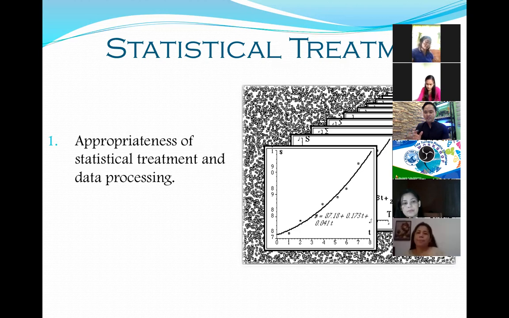Kung purely relationship, pwede na doon ang Pearson R. Pero pag effects, influence, impact, hindi lang basta correlation, magre-regression analysis ka na. So balikan nyo yon. Bakit kailangan yon? Kasi sa statistical treatment, lahat ng problem, tatapatan nyo ng statistical treatment. Problem number 1, problem number 2, and problem number 3. Yung 4 hindi na kasi implications lang naman yun eh.